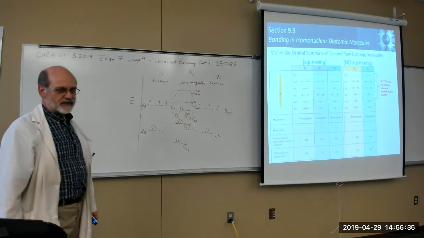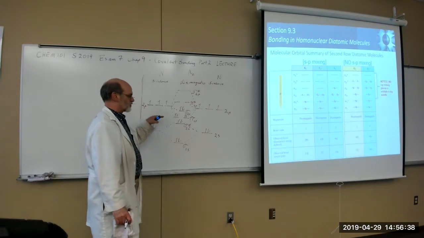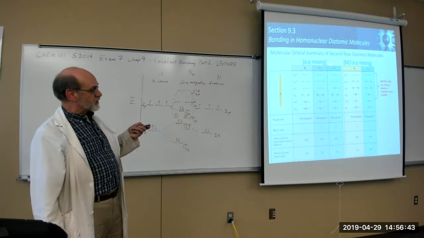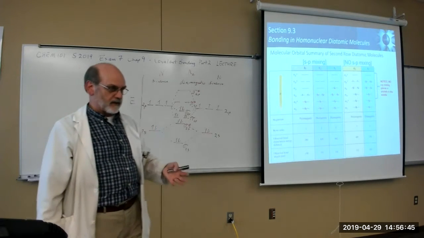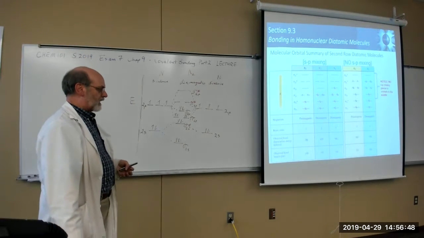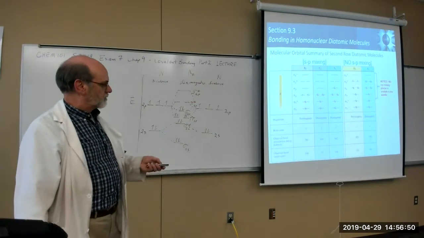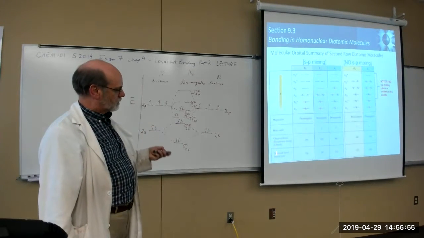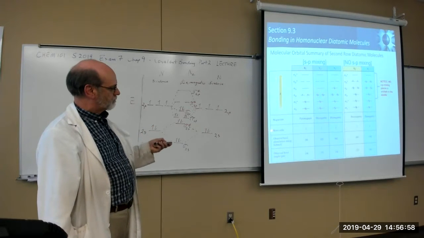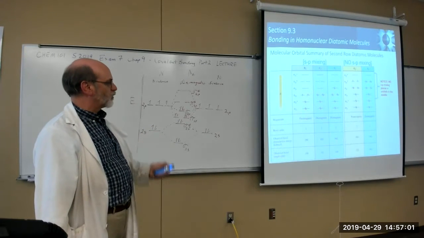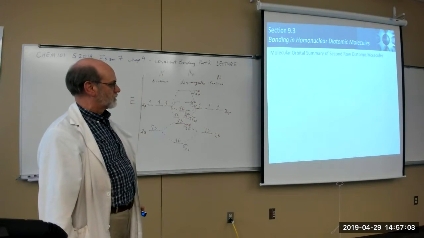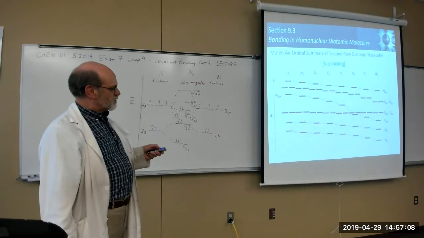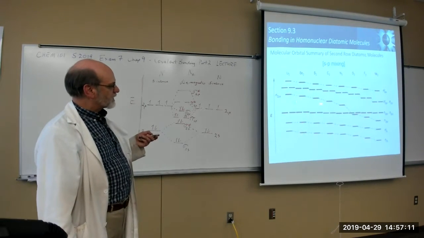The homonuclear diatomic molecules are fairly simple to construct as long as you take the sp mixing versus no sp mixing into effect. And in your review document, at the very end, I include both this table and the one preceding it. This one does a better job of explaining the mixing effect.